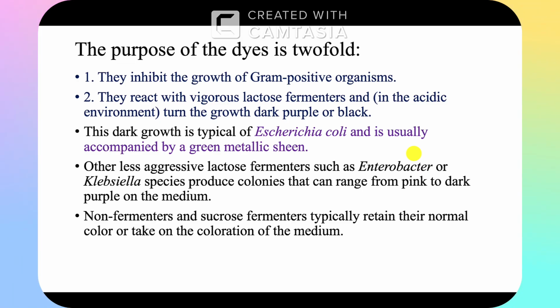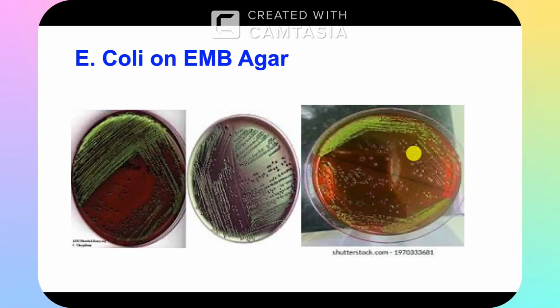And of course, the non-lactose fermenters, sucrose non-fermenters, retain the normal color or take the coloration of the media. According to these colors and the reaction, we differentiate between E. coli and other members of Enterobacteriaceae.